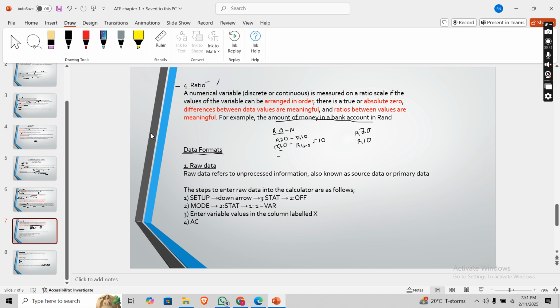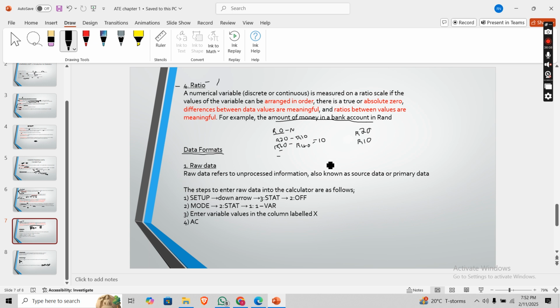Raw data is unprocessed information. I like to call it information that is freshly harvested from the variable. We have not done anything or added anything, so it's data as it is.